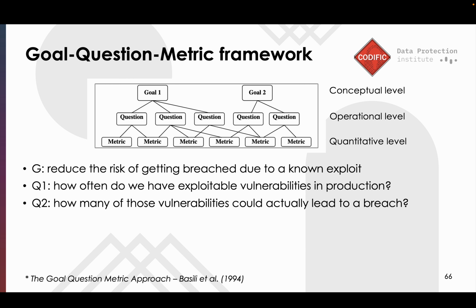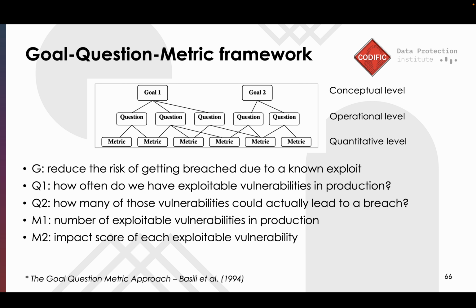And then a set of metrics to help you finally answer those questions could be number of exploitable vulnerabilities in production, impact score of each exploitable vulnerability, and likelihood of each exploitable vulnerability. So you start with the goals, ask the right questions, then choose the metrics to actually answer those questions.